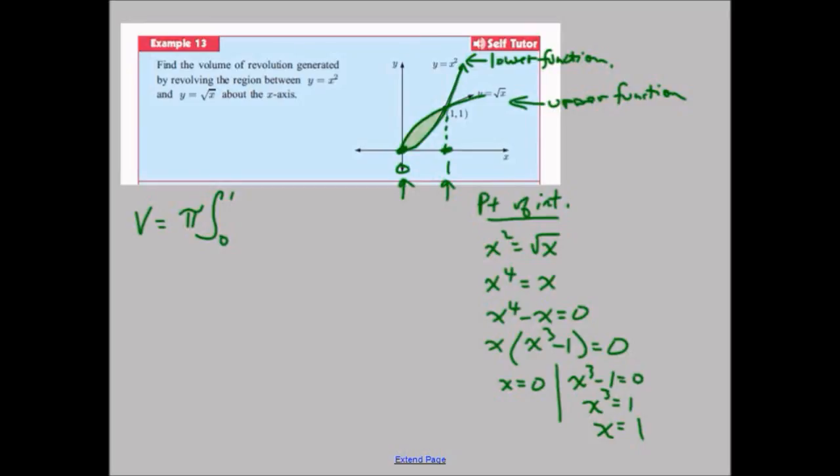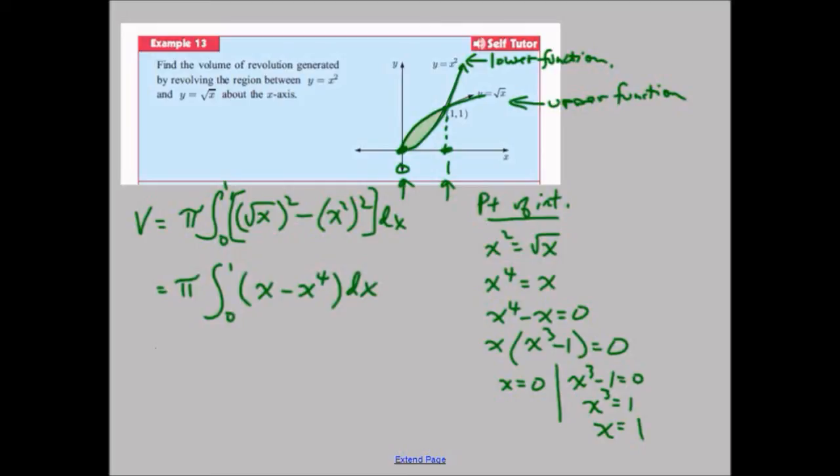Upper function is the root of x squared. Subtract the lower function, x squared squared, dx, pi. Let's simplify this first. This will be just x, and this will be x to the power of 4. We can now integrate: x squared over 2, x to the 5th over 5, from 0 to 1.